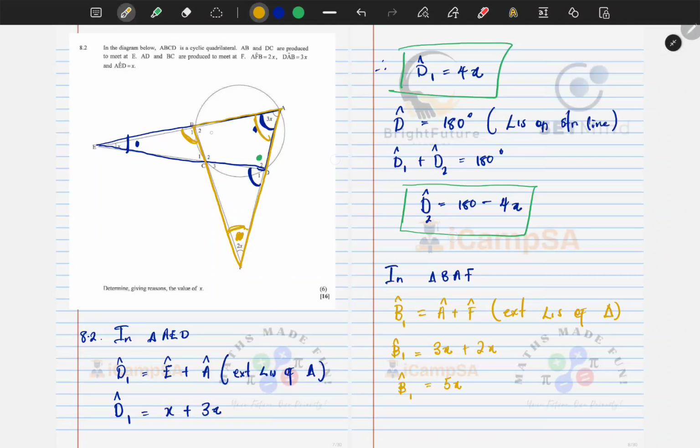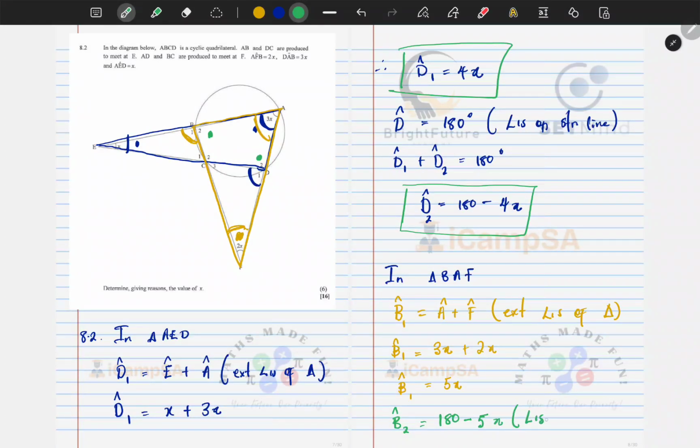If we have angle B1, we can find angle B2. Angle B2 is going to be 180 minus x. Why? It's because of angles on a straight line, right? So it's going to be the same thing. So now our angle B2 is going to be equal to 180 minus 5x.